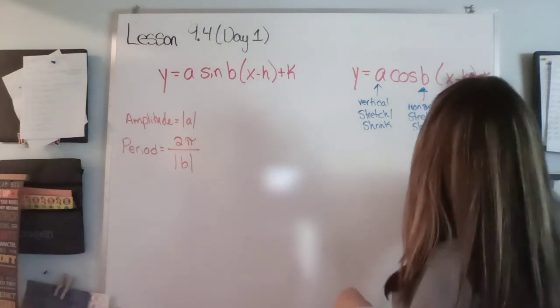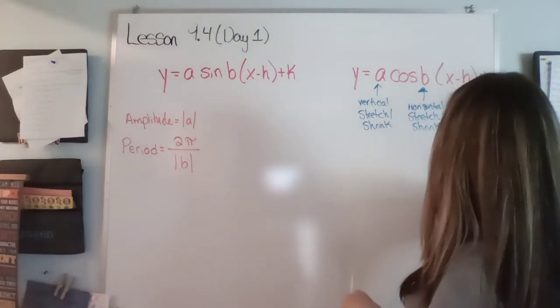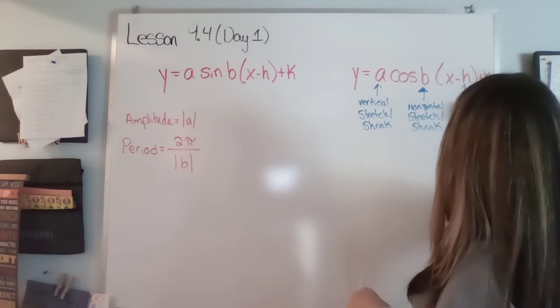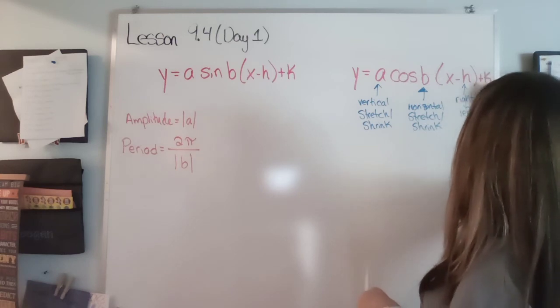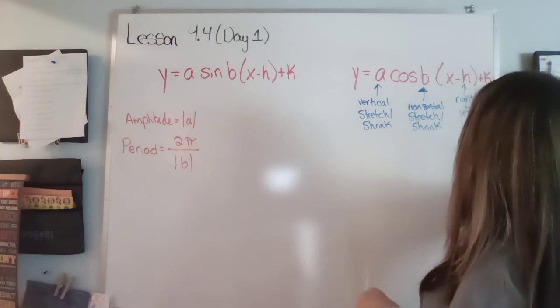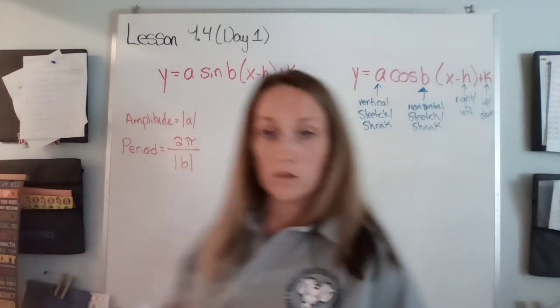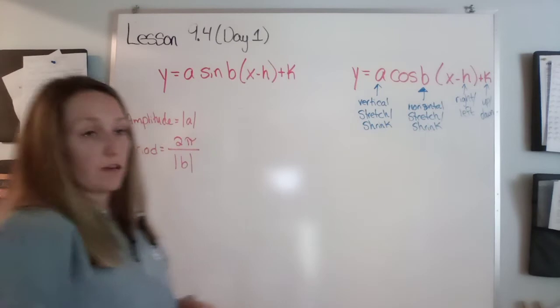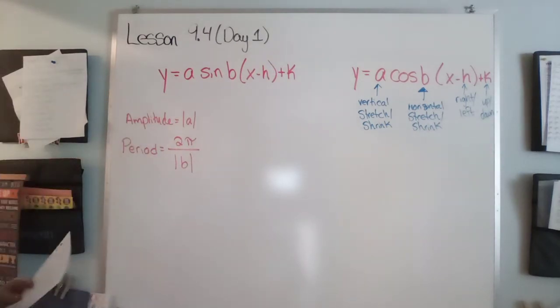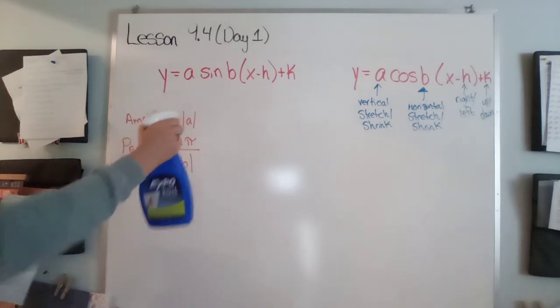So this is going to be right, left, and this is going to be up, down. So again, same transformation rules as all the other functions that we studied throughout the year. All right, so it shouldn't be that hard to figure out the transformation that's taking place.